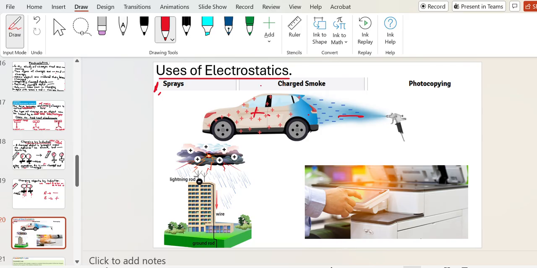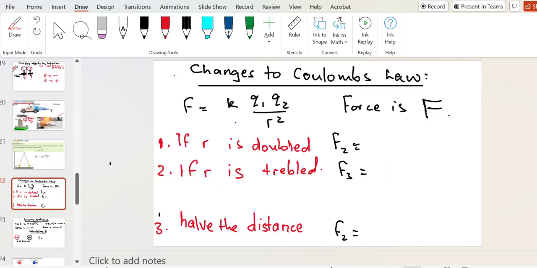Another use, removing charged smoke, photocopying, and preventing lightning using lightning conductors. These are the uses. You must know this, okay?